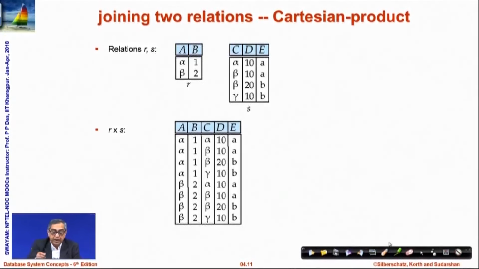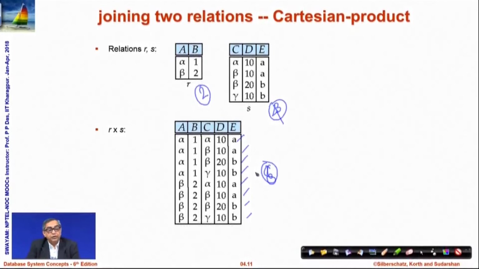Since this has two records and this has four records, there will be 8 in total. All possible pairings of records of R and records of S are included. So, that is a Cartesian product, all possible combinations.